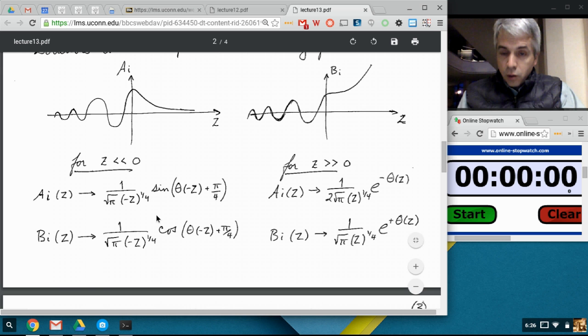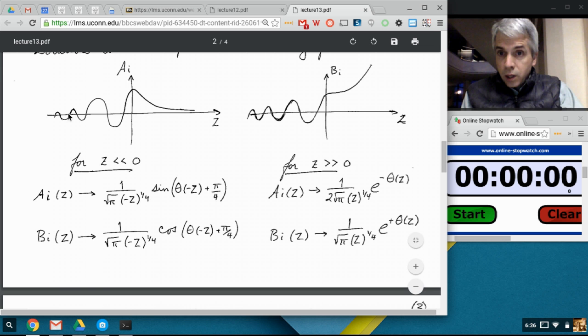Here they are on the oscillatory side, which is negative z. Notice that they have this 1 over z to the 1/4 times a sine of something that depends on z. This is not exactly z, but it's a simple function of z. We'll see in a minute that it's a polynomial. And here's an additional phase that gets the zeros in the correct positions on the left-hand side.